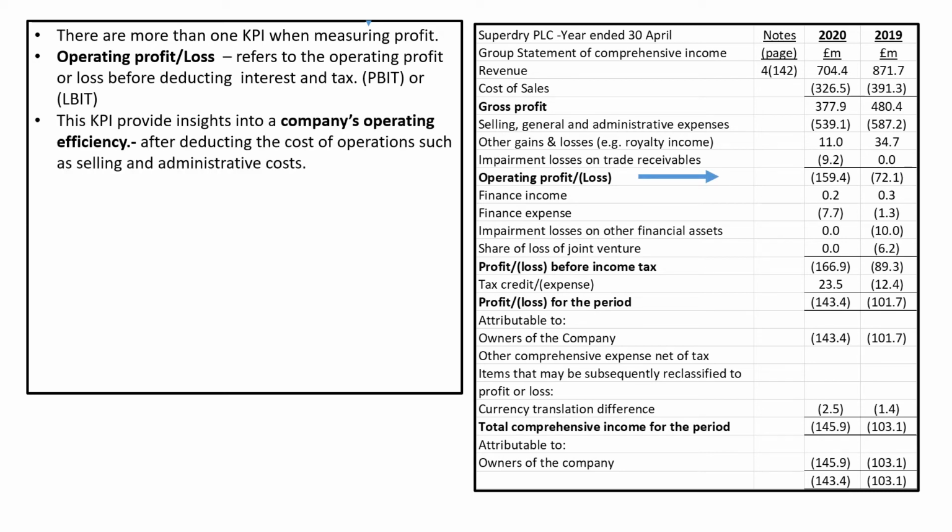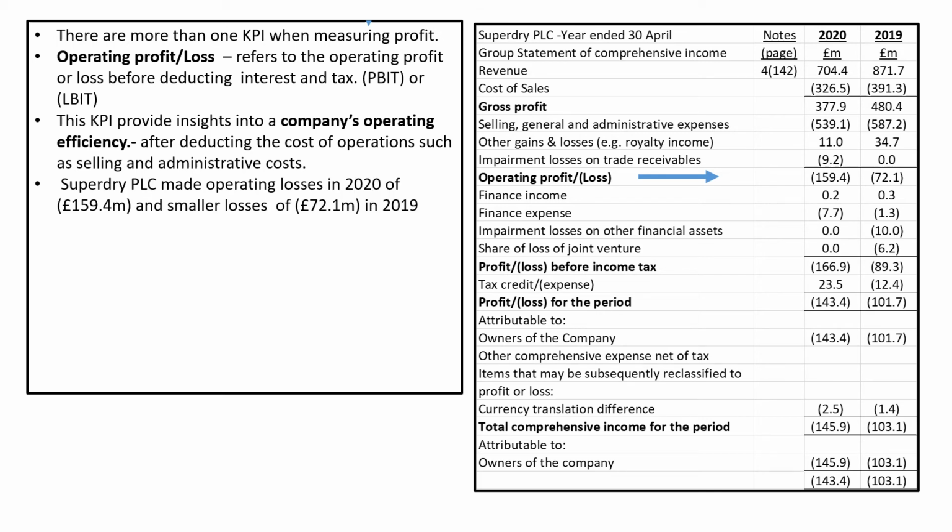This KPI provides insight into a company's operating efficiency, that is, after deducting the cost of operations such as selling and admin costs. Superdry PLC made operating losses in 2020 of 159.4 million and smaller losses of 72.1 million in 2019.